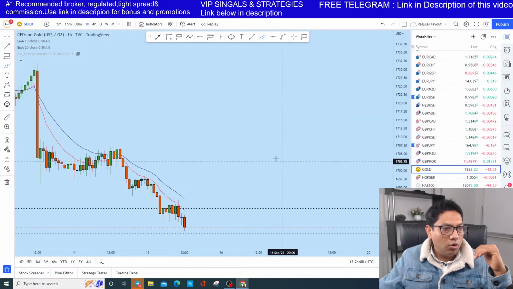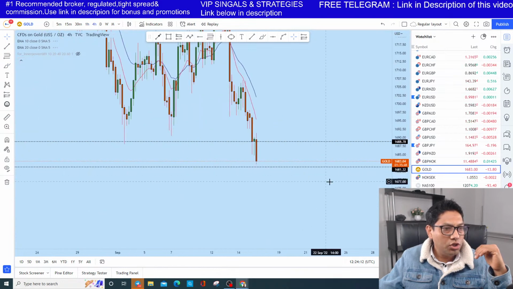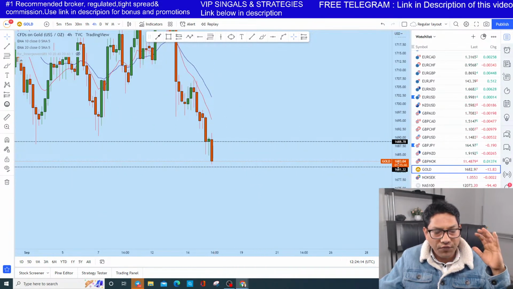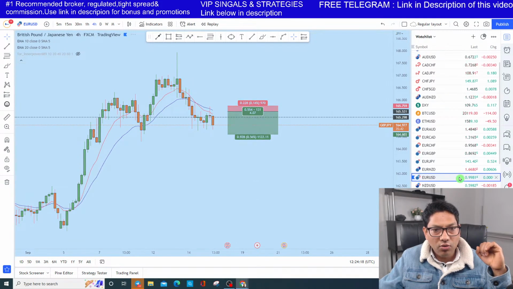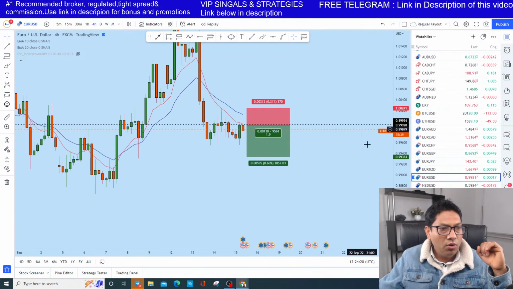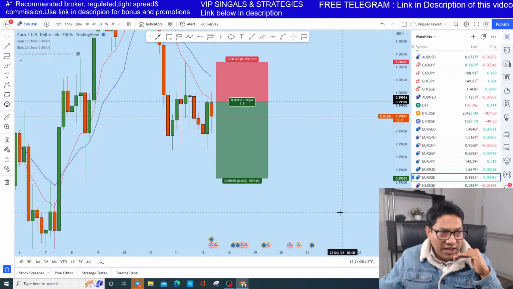So gold, as I told you, is coming down, and I think gold will continue to drop. There is a strong bearish engulfer on gold, GJ, and all these pairs are coming down. Euro dollar, we have our profit target at 0.9933, and I look forward to hitting the profit target during this news.